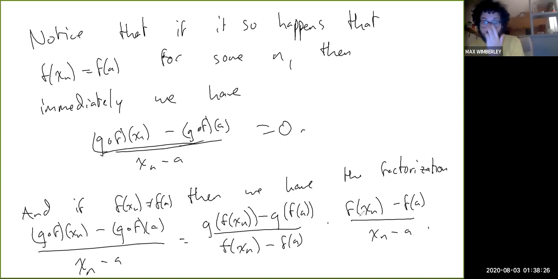And so basically the terms are of two types.